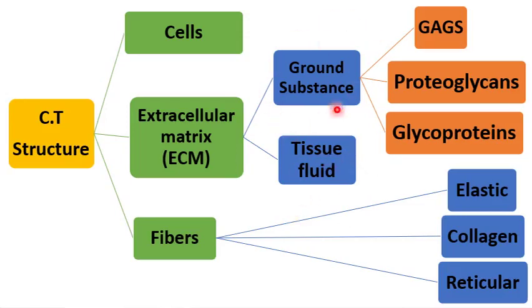Okay, what is the ground substance in connective tissue? Ground substance contains many substances, which may be GAGs, glycosaminoglycans, proteoglycans, which are protein, glycoproteins, and glycogen. Okay. Fibers may be elastic, collagen, or reticular fibers. This is the general structure of any connective tissue in the body. We will discuss today the cells.